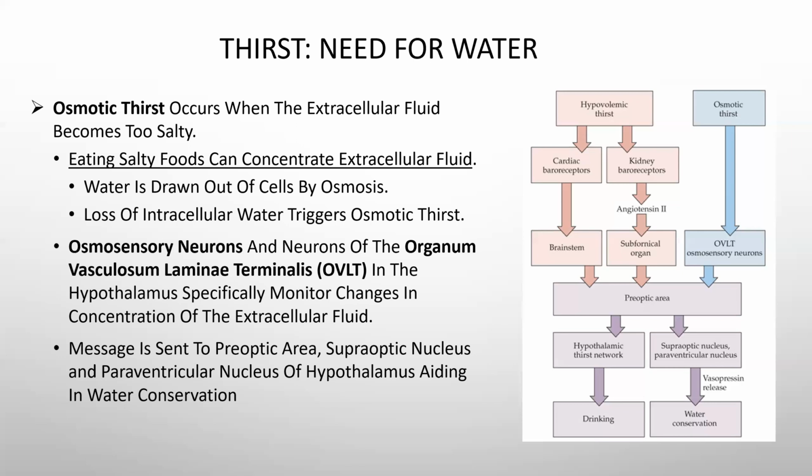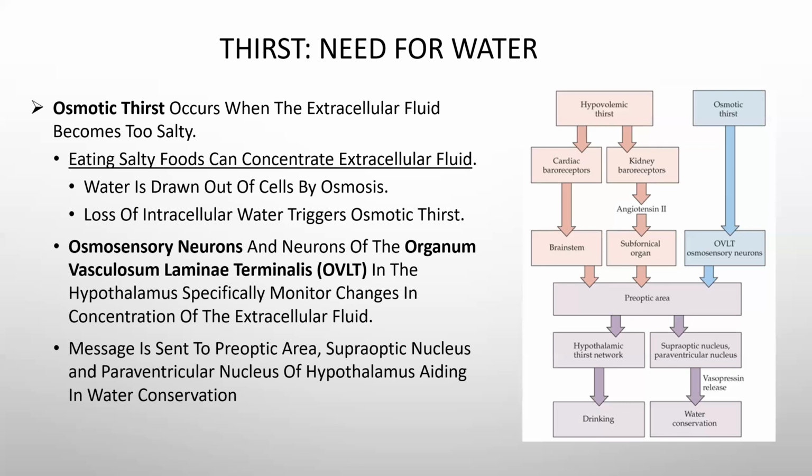So again, let's look at the figure on the right-hand side because it just puts it into a picture for us. The osmotic thirst is a very, very simple system here. You see the OVLT, and then that goes to preoptic area. Again, remember hypothalamus, supraoptic nucleus, paraventricular nucleus, water conservation.